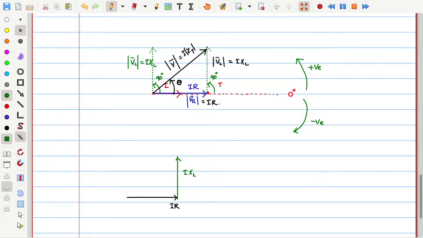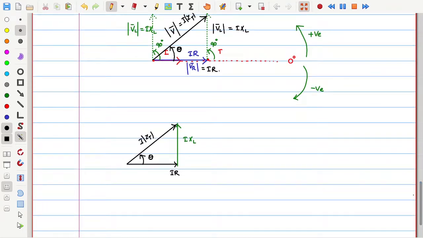These are only magnitudes. Try to observe, I kept mod everywhere. Now the total voltage is V, whose magnitude is I into mod ZT. So the angle made by this total voltage with the current or the resistive voltage is theta. This we call the voltage triangle.